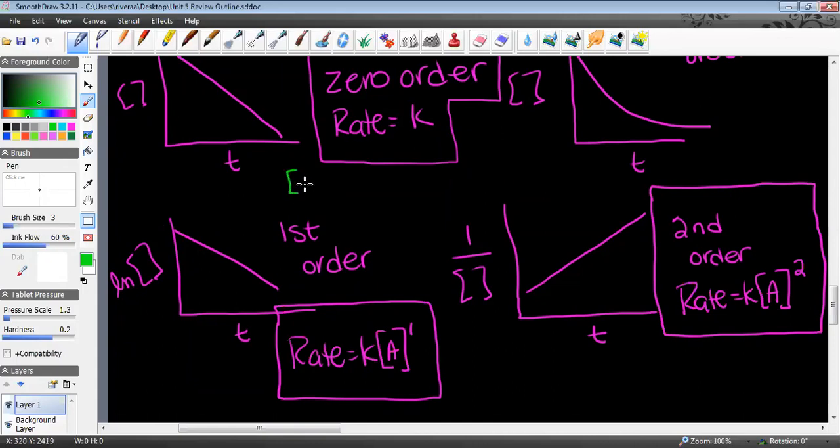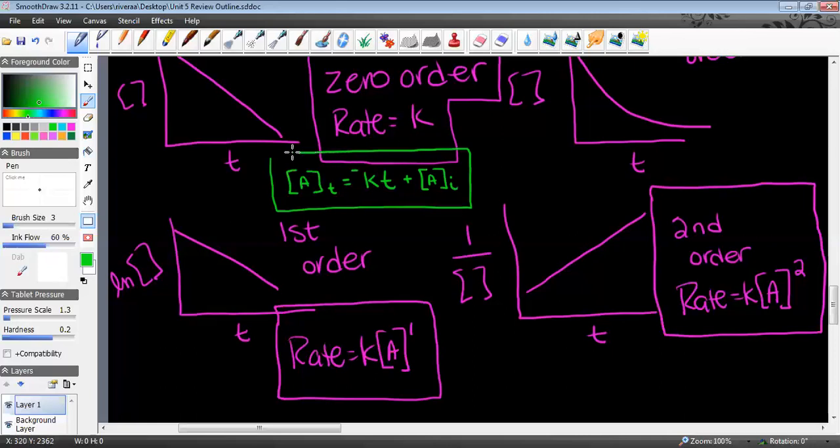The concentration at any given point in time is equal to negative kt plus the initial concentration. This is my integrated rate law for zero order.